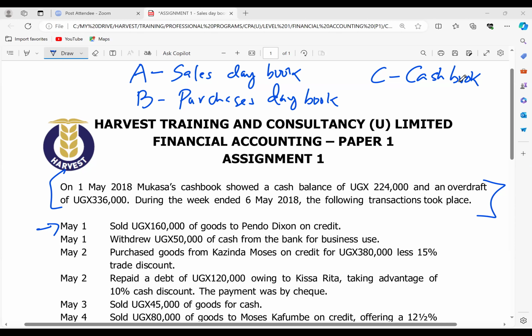Credit day book. The sales day book. Credit day book. No, we have only 3 books. We have the sales day book, the purchases day book, and the cash book.